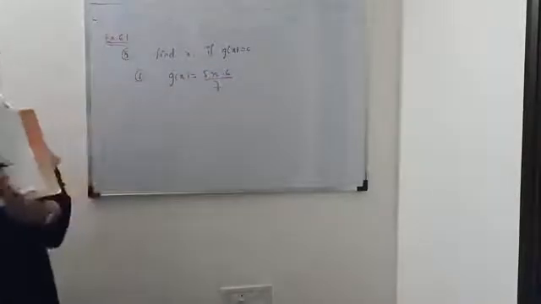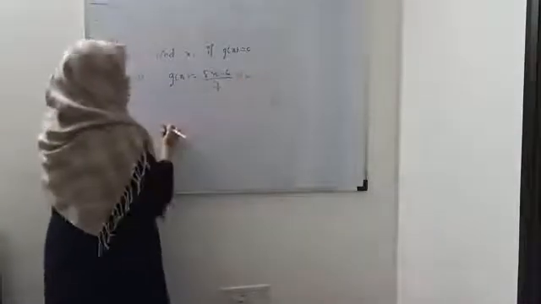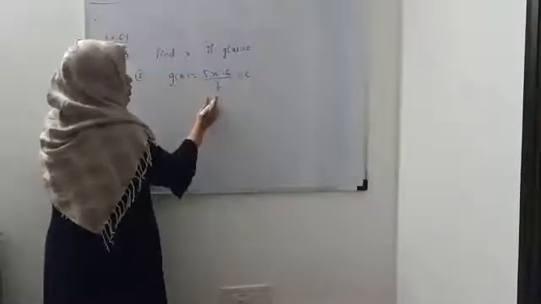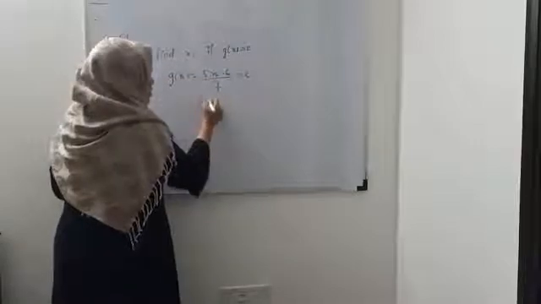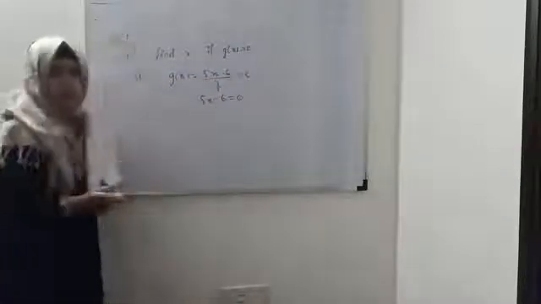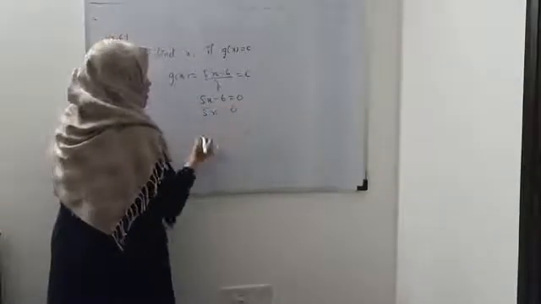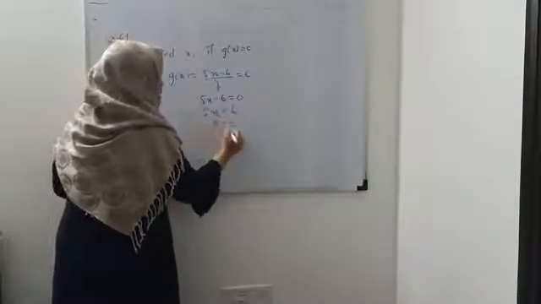So we have to find the value of x if this g of x is equal to 0. If this is equal to 0, that means 5x minus 6 is also equal to 0, because the 7 will go to the other side and it becomes 0. So from here 5x will be 6 and x will be 6 upon 5. Clear?